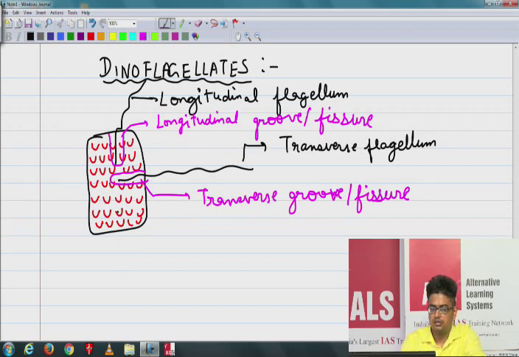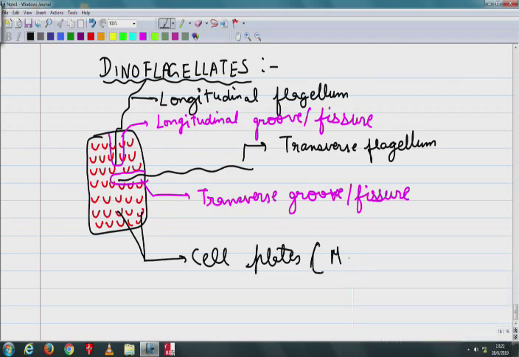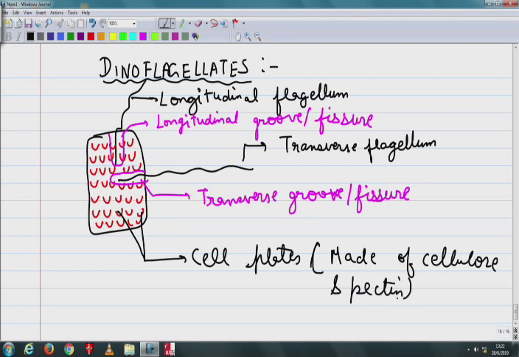These are the cell plates. These are made of cellulose and pectin. This is the general structure of dinoflagellate.